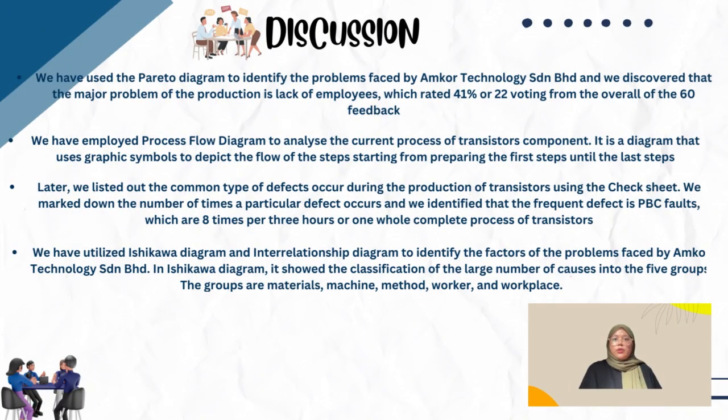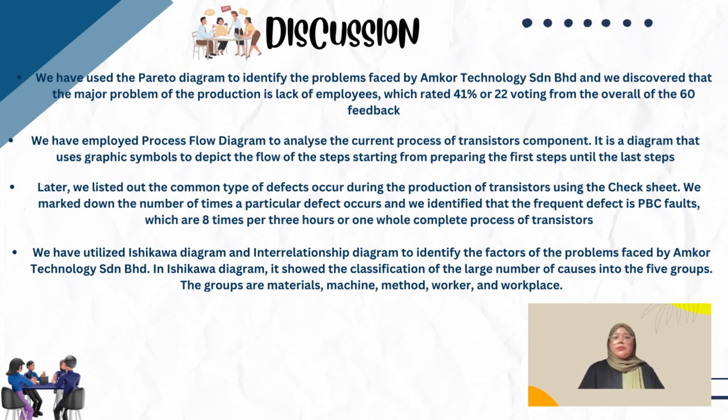In discussion, we used the Pareto diagram to identify the problem faced by Amkor Technology, and we discovered that the major problem of the production is lack of employees, which rated 41% or 22 votes out of the overall 60 feedbacks. We employed a process flow diagram to analyze the current process of the transistor component.